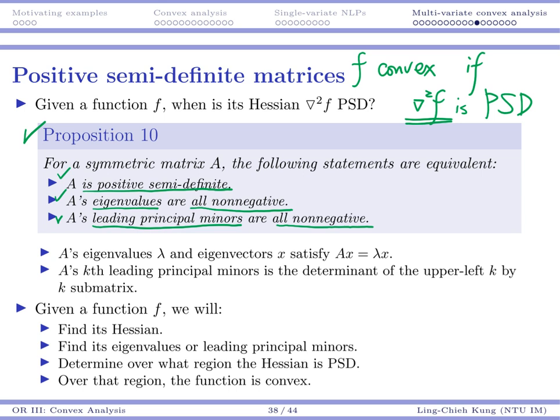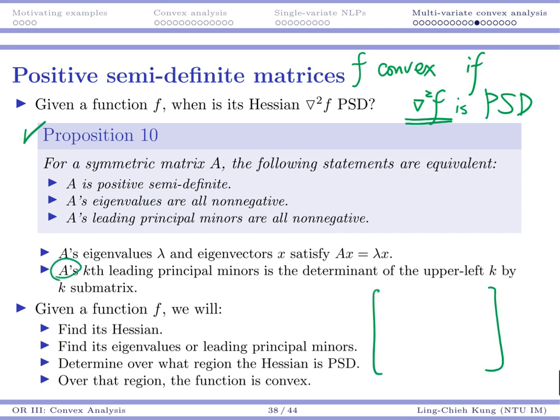But this is just one way to check the property of A. So that's fine. Another thing is leading principal minors. Okay? So if you have a matrix, the matrix has several submatrices. For all those upper left k by k submatrices, if k is 1 it is this number, if k is 2 that's formed by these 4 numbers, if k is 3 that's a 3 by 3 matrix, and so on and so on.